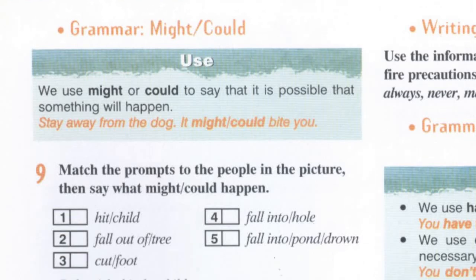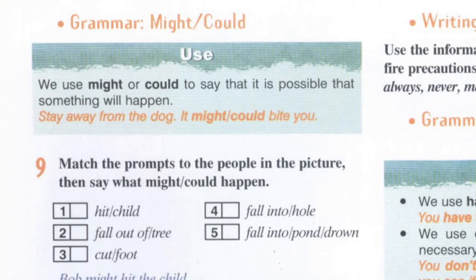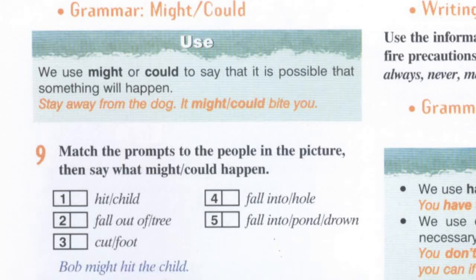Could and might. Look here. Stay away from the dog. It might or it could bite you. Both are possible interchangeably in this situation. If you talk about possibility, most of the time, not all of them, you can exchange them.